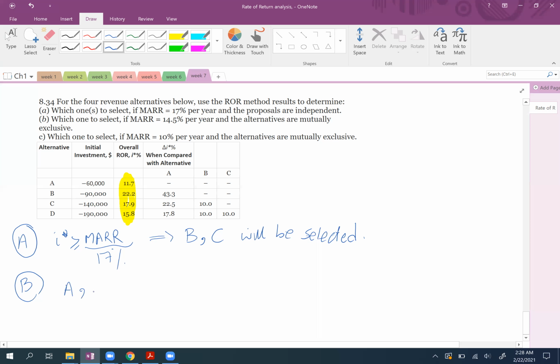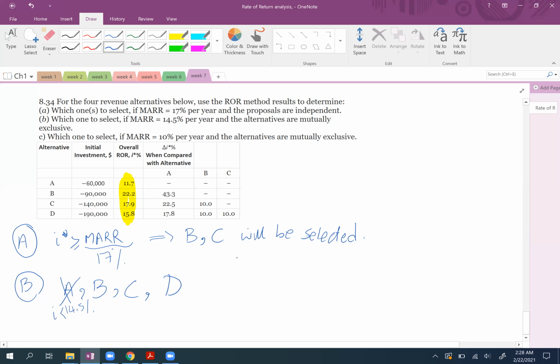A, B, C, D is the initial investment order. But if MAR is 14.5%, I can already eliminate A because its I star is less than 14.5%. So I have B, C, D that I have to compare.